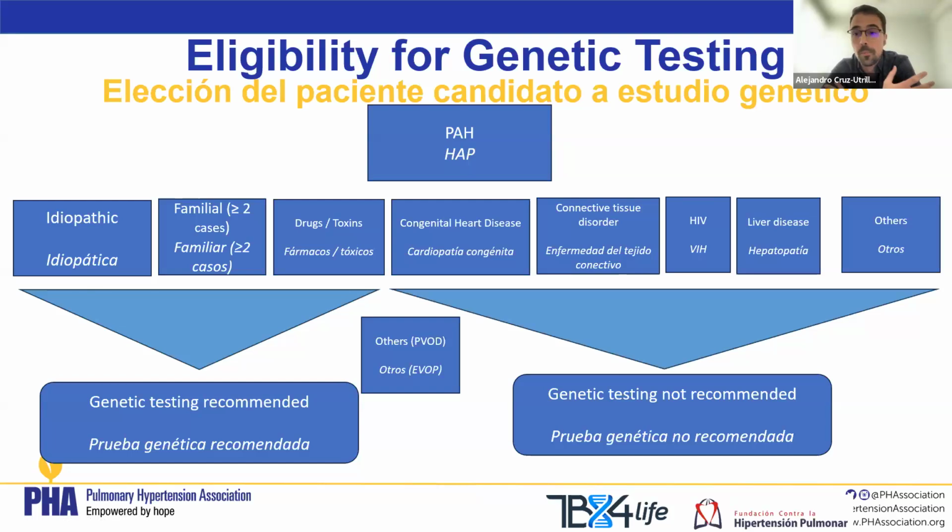And in patients with idiopathic PAH, the probability of having a positive genetic result is as high as 15 to 20%. On the other hand, in the other PAH forms, the probability of having a positive genetic result is much lower. And also the clinical relevance of these genetic results is not very well understood. So the current consensus only recommends the use.